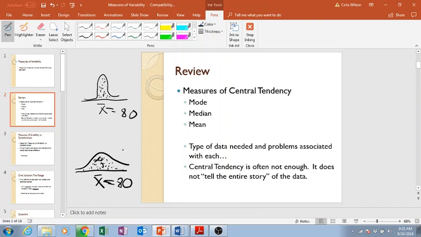But consider what the ability in those two groups looks like. Here everybody is scoring right around that mean, somewhere right about here, and all the scores are pretty close.